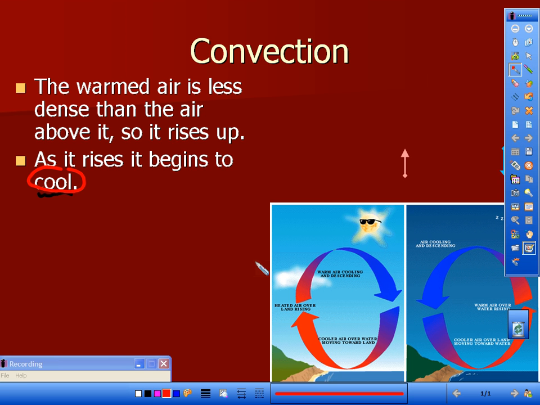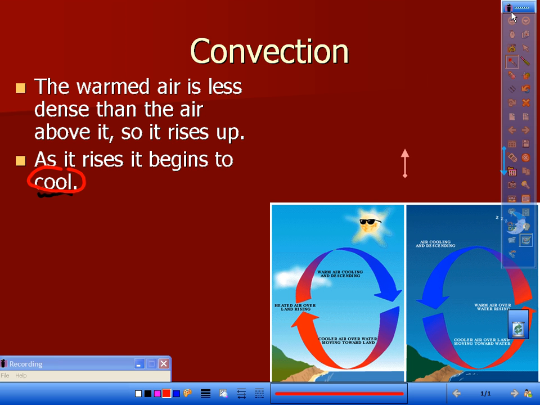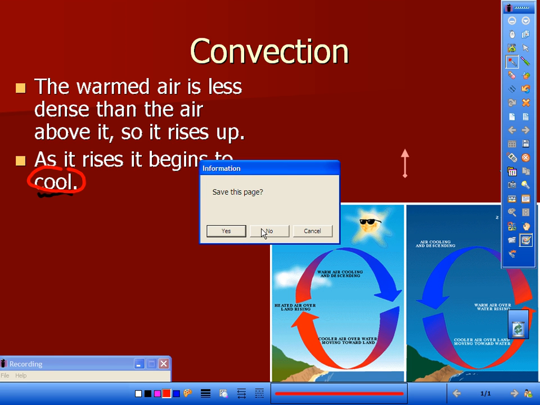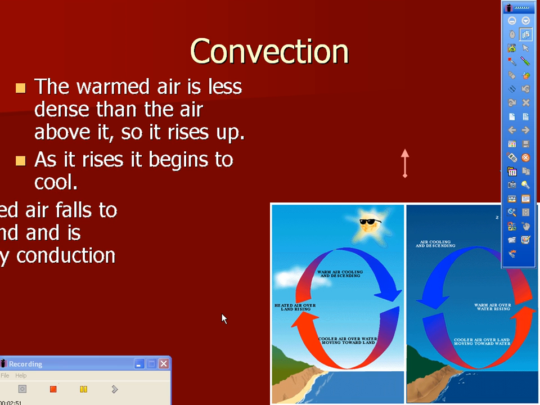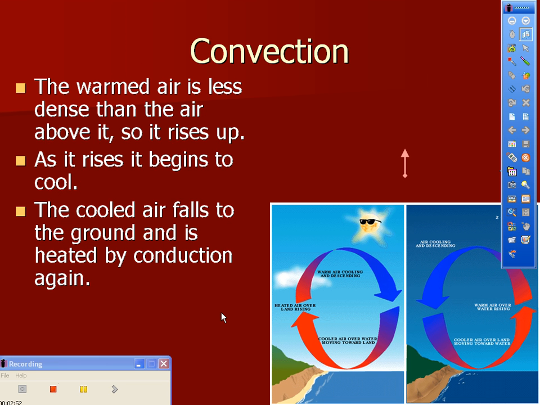Cool air can hold less moisture than warmer air, right? But what happens when it gets to the top and it cools? Well, as it cools, it's going to sink. And then it's going to hit the ground again, and it's going to get heated by conduction, and then it's going to rise back up again. So conduction is important to the cycle of air going up and air going down.